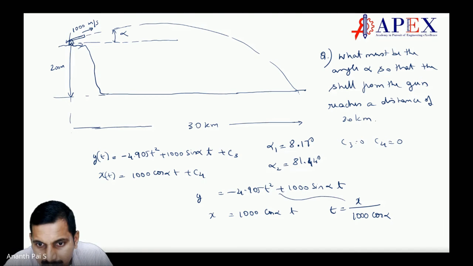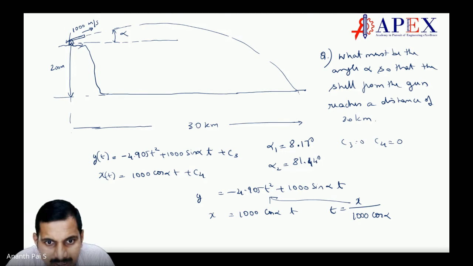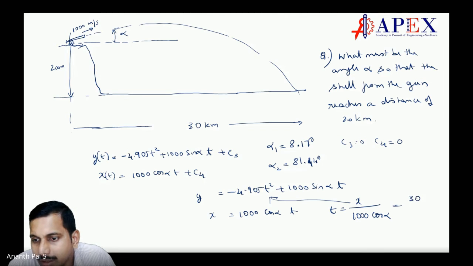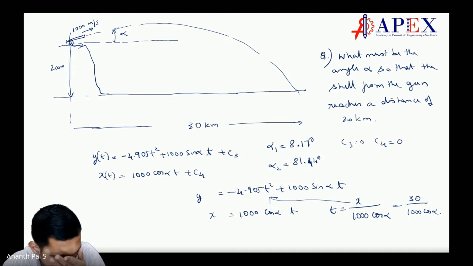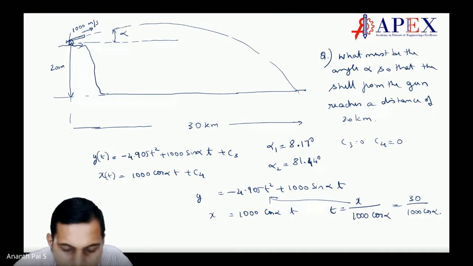Substitute that here. Put x is equal to 30 kilometers. 30 divided by 1000 cos alpha. Correct. So you get y in terms of alpha.